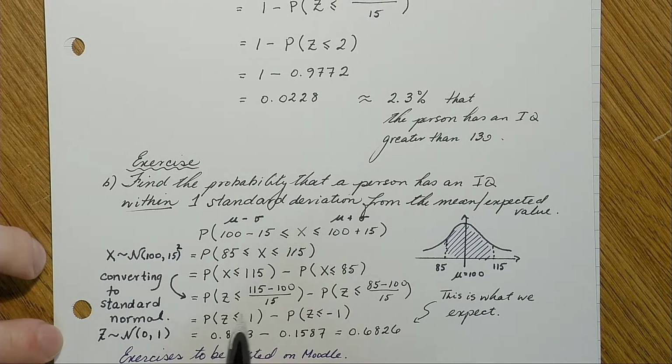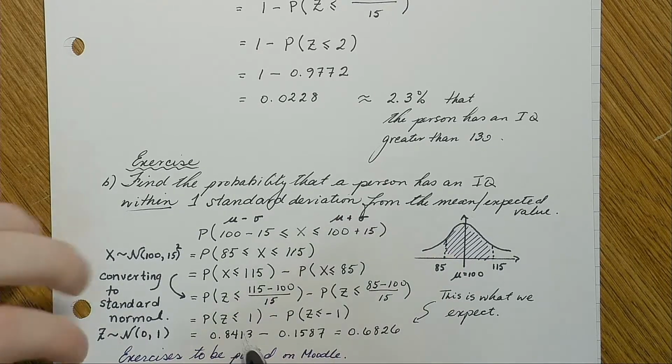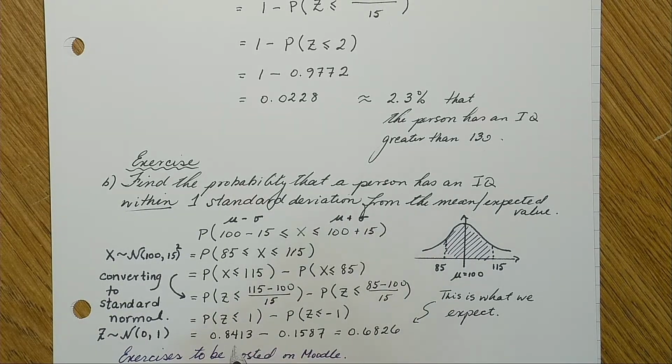So again, we can transform it to z less than 1 minus z less than minus 1. Finding it on our standard normal table, we get 0.6826. And this is what we would expect.